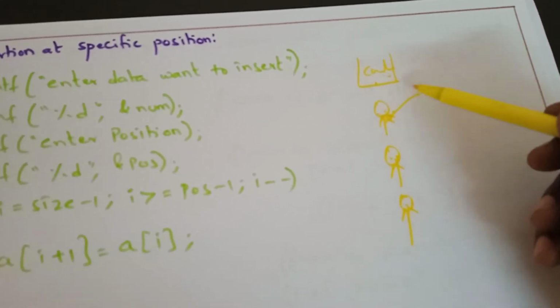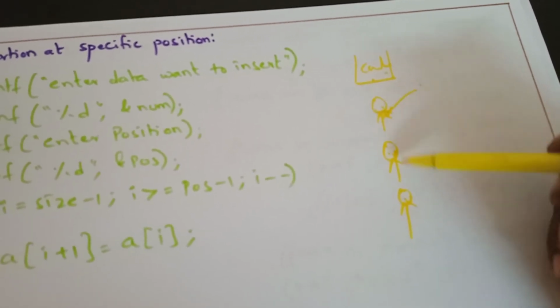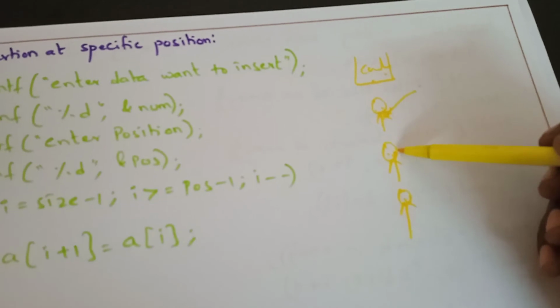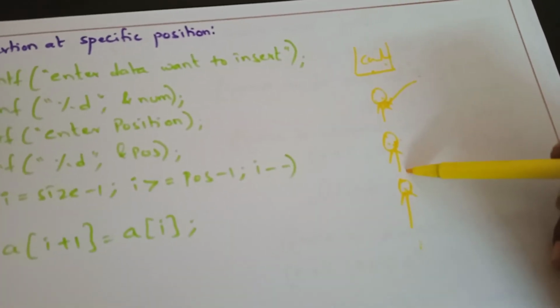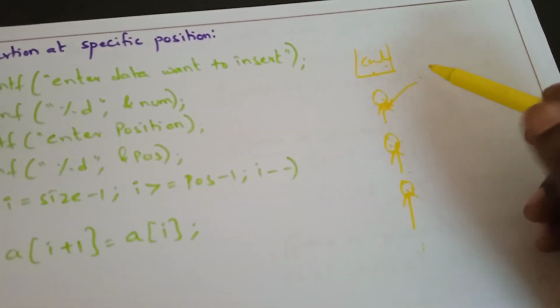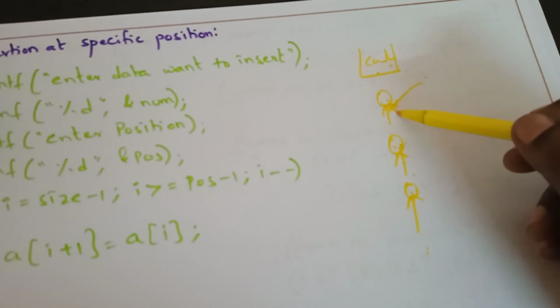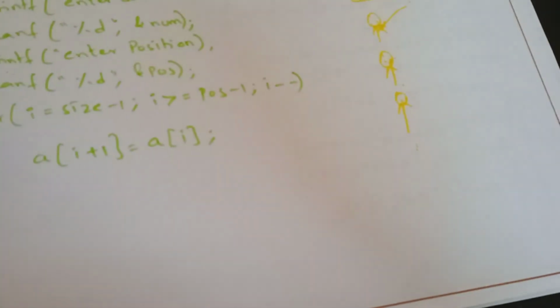So when the first person goes out of the picture, the second person will move in this direction. The third person will move to the second place. And if there is any fourth person, he'll come to this side. Yes? So this is what? Deletion. Deletion means the elements will move to the left side. Now I'll take one more example.